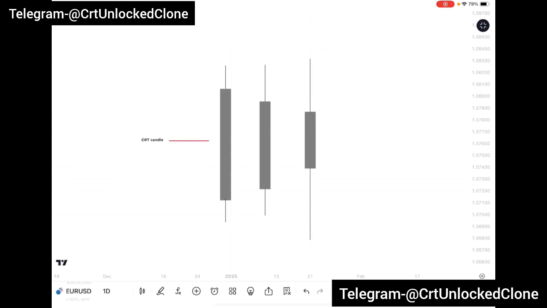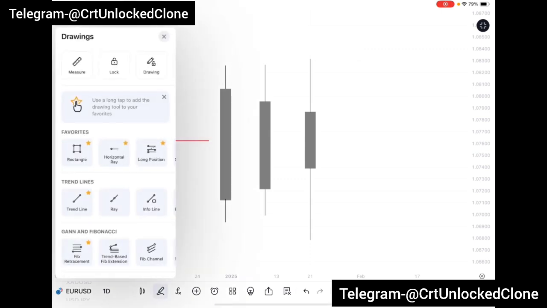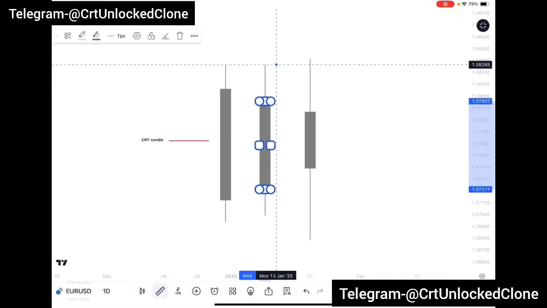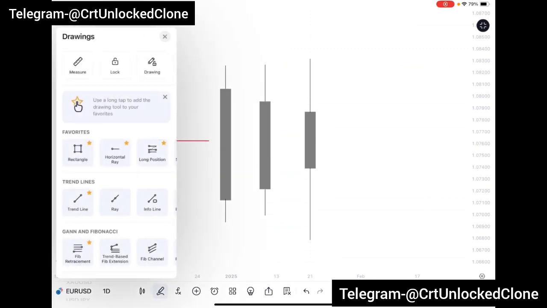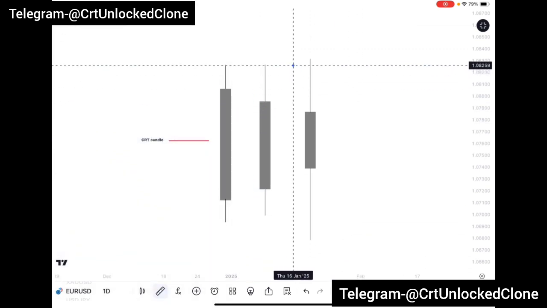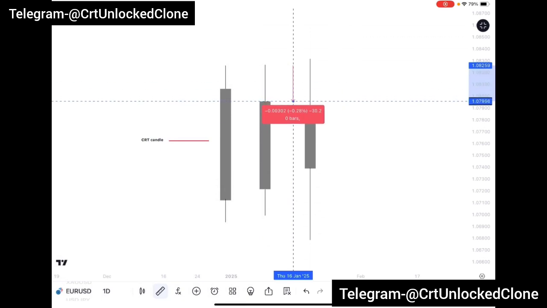Again, now we can check for the second candle. Same procedure, use it. First measure the bottom wick. The bottom wick is 0.28.